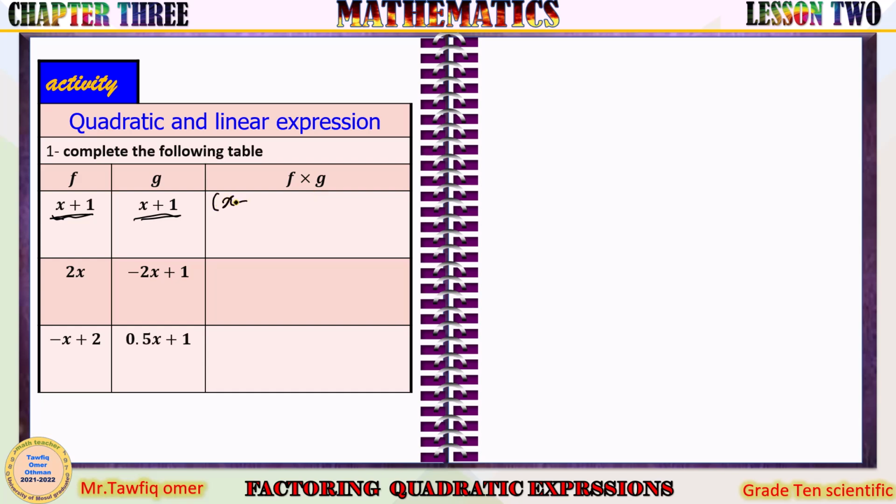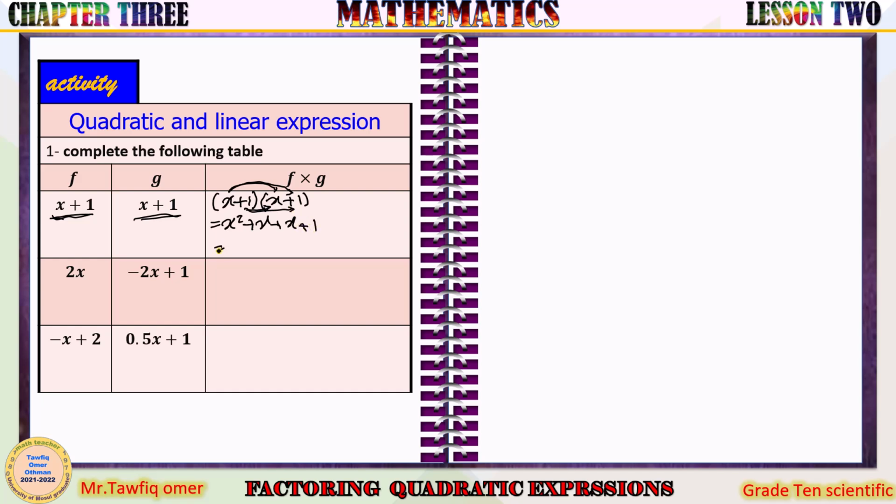x plus 1 times x plus 1 is equal to... Multiply the first one with the first one: x times x is x squared, and the first one with the second one, x times 1 is x, and the second one times the first one is x, and the second one times the second one is 1.